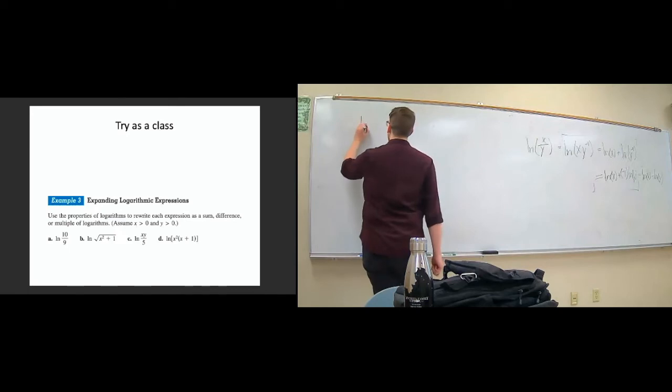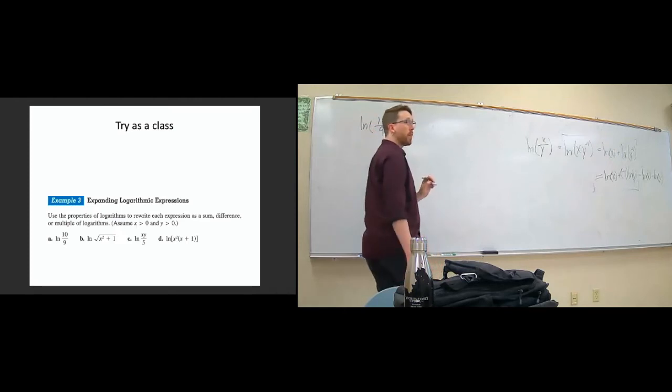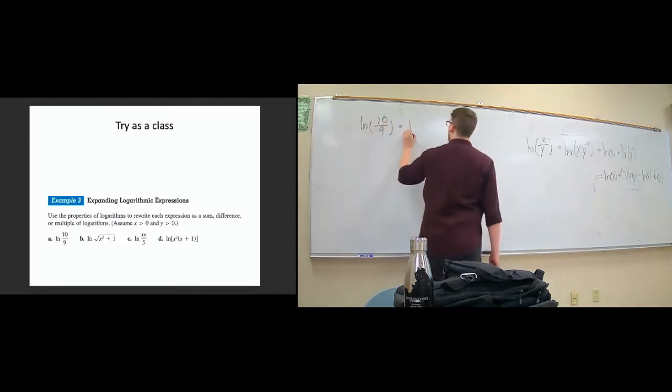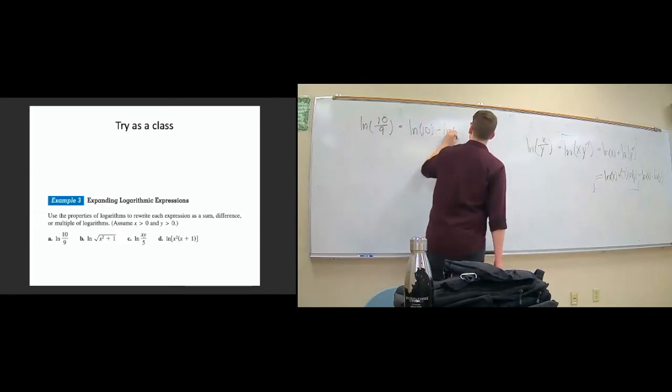Well, the ln of 10 divided by 9, based on that second property, is going to be the ln of 10 minus the ln of 9.